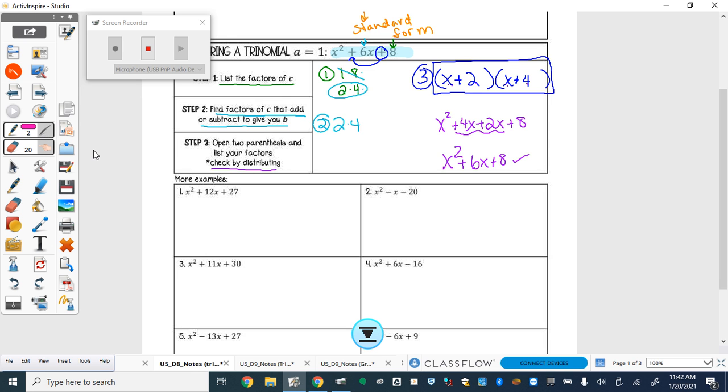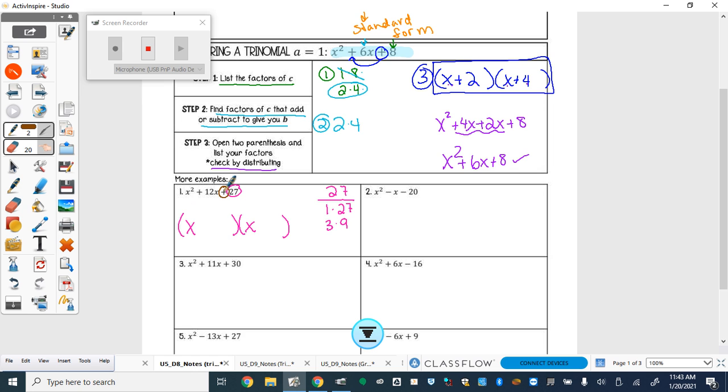So looking at example number 1 here, we got to figure out the factors of 27. Well, we got 1 times 27, 3 times 9, and then that's going to be it. We don't have any other choices after that. So I'm going to set up my parentheses here. So our signs, we have a positive 27.